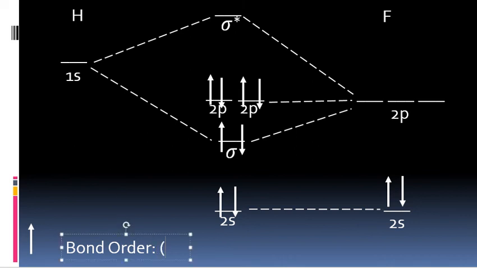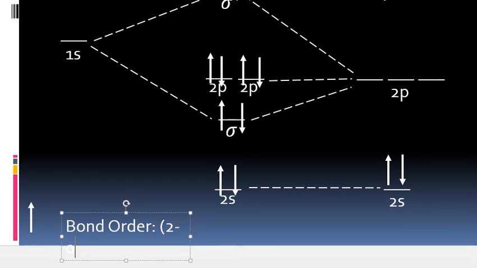Again, bond order takes into account the bonding and then the anti-bonding molecular orbitals. So we're going to ignore the non-bonding orbitals, or the 2s and the 2p orbitals, and we're going to take these two electrons in the sigma bonding orbital. So 2 electrons, and the sigma star anti-bonding orbital has no electrons in it, so that's going to be 0.